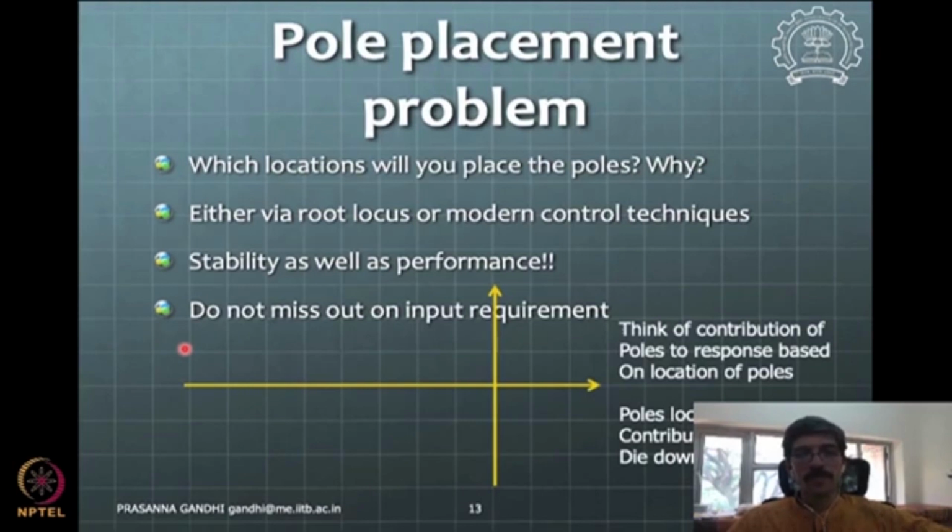However, it's not free. Things come at a cost. What is the cost that you need to pay? As you push the poles away in the left half plane, away from the imaginary axis, you start increasing the control input that is required to drive the system. That is not desirable because our actuators have a limit.